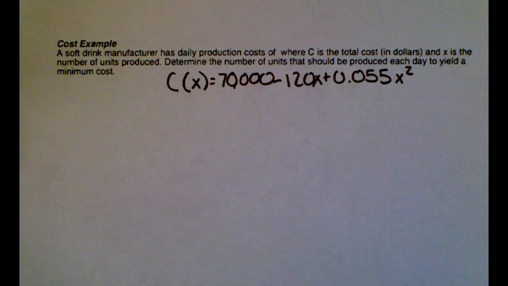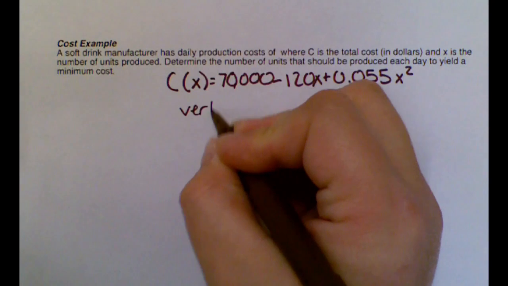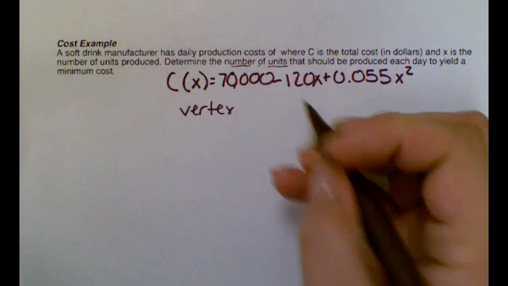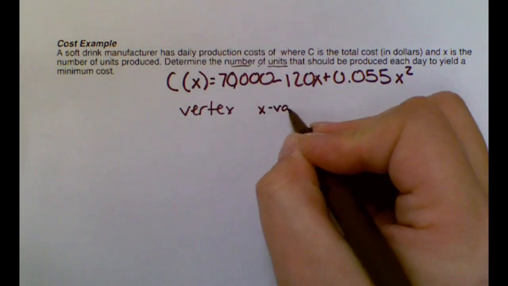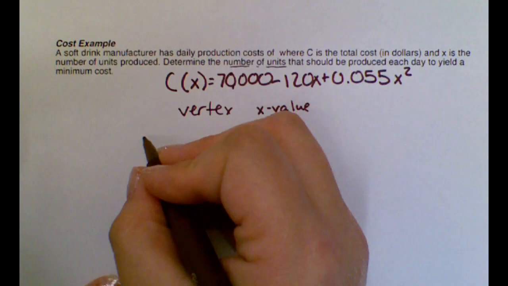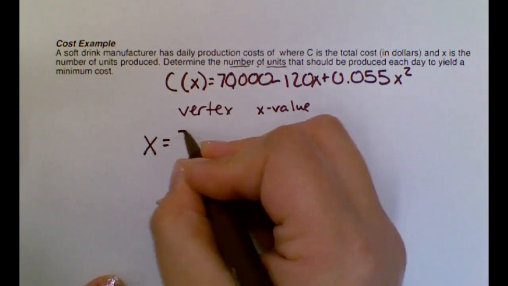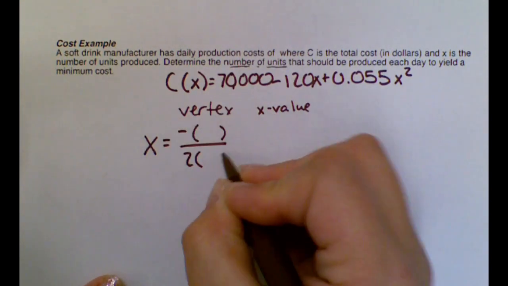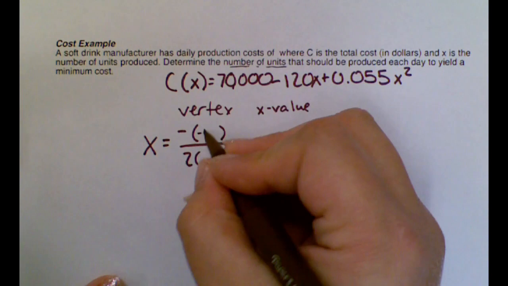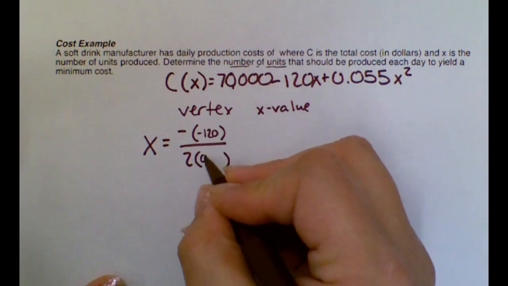So I want to know the number of units that should be produced each day to yield a minimum cost. I want the minimum. That means I want the vertex. And if I just want to know the number of units, that means I just need my X value. So I can use my vertex formula. X is equal to negative B over 2A. Well, B is negative 120. A is 0.055.